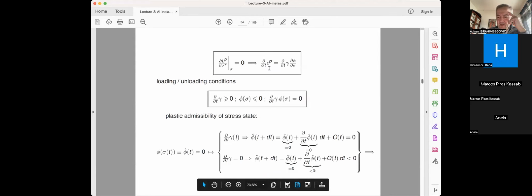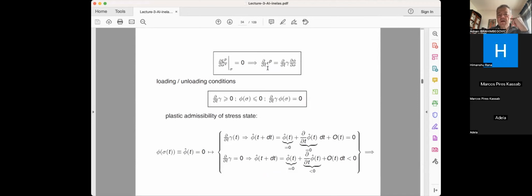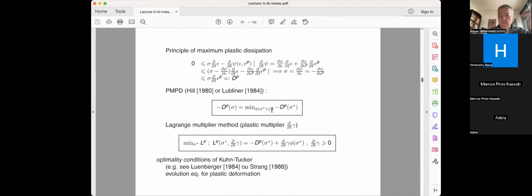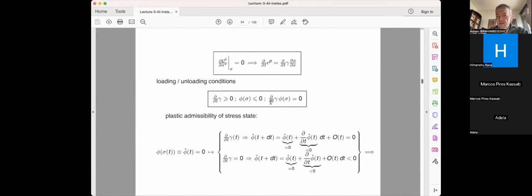If you take the partial derivative of this plastic Lagrangian with respect to sigma, you get back your evolution equation, epsilon plastic dot equal to gamma dot times d phi d sigma, where d phi d sigma is nothing but the sign of sigma. That's the part here. And then you can take the derivative with respect to gamma dot, you get back your phi, and you can complete this in the total set. And you can see that you get the same evolution equation as the one you obtained from the rheological model.